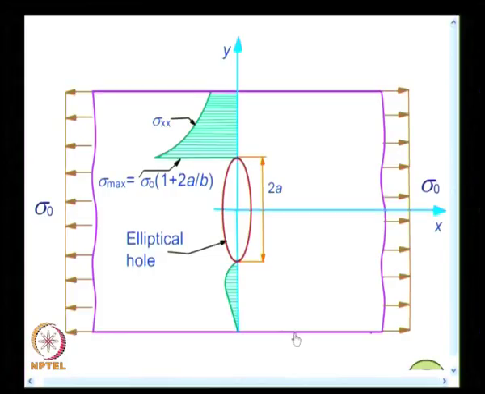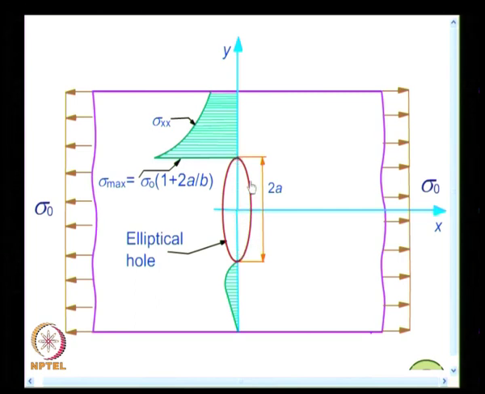I would like you to make a neat sketch of this. I am showing it on a finite screen. Imagine that this is an infinite plate with a small elliptical hole, but it is shown big for clarity, and there is also a small pixelation error here, as the figure is magnified. Imagine that this is a straight line.